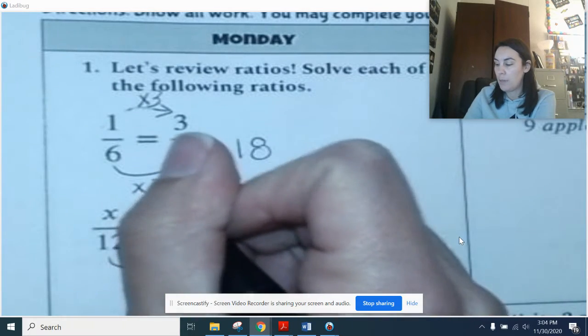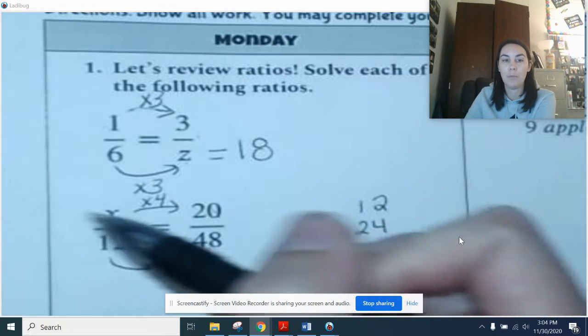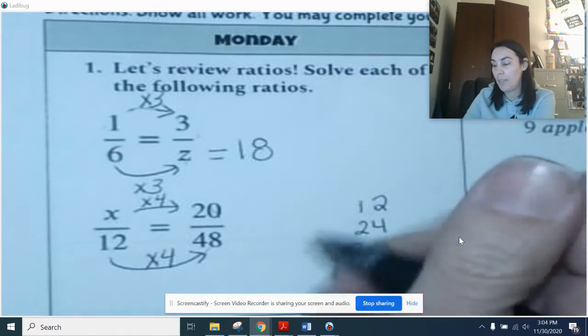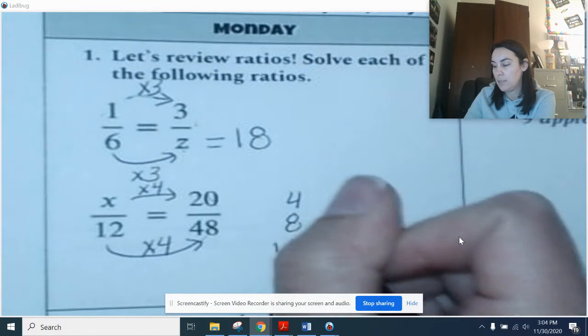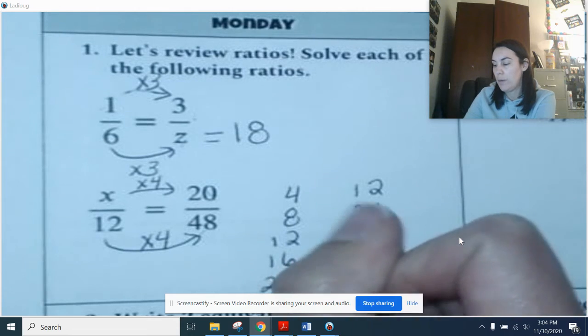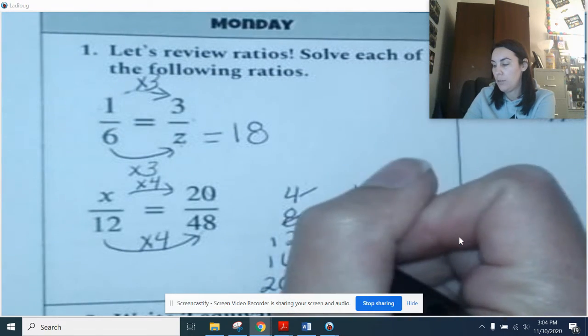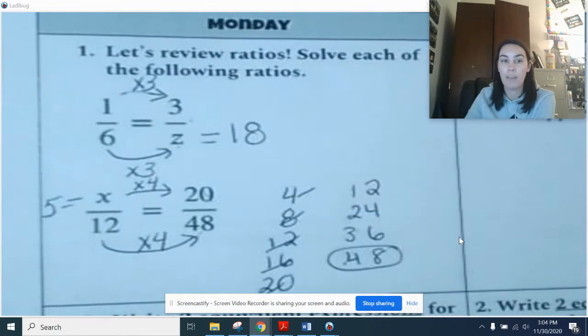So then I'm going to multiply this by 4 to get 20. So I have to think, what number times 4 gives me 20? Well, if you think about your 4s, if you don't have your multiplication chart, 4, 8, 12, 16, 20. That's 1, 2, 3, 4, 5. So x would need to be 5 for that one.